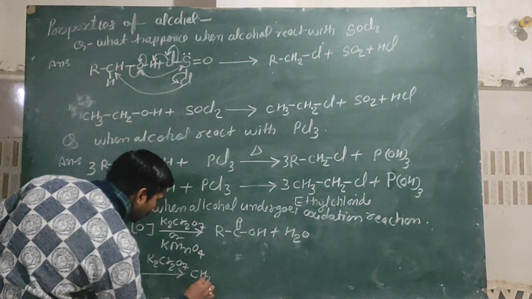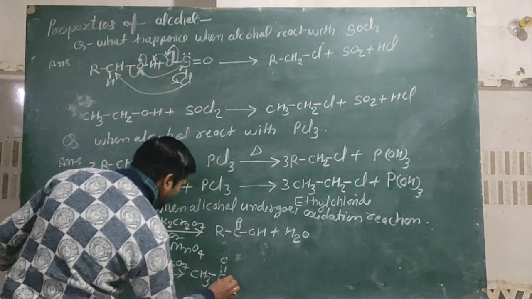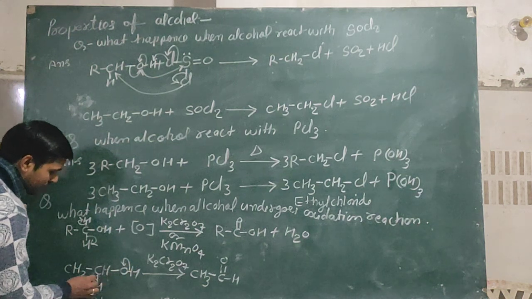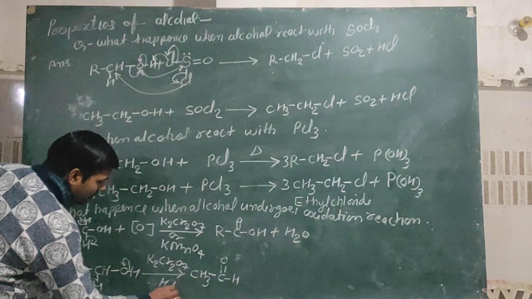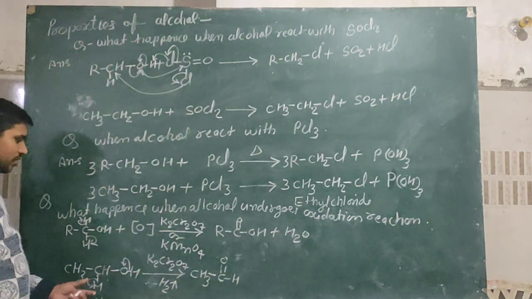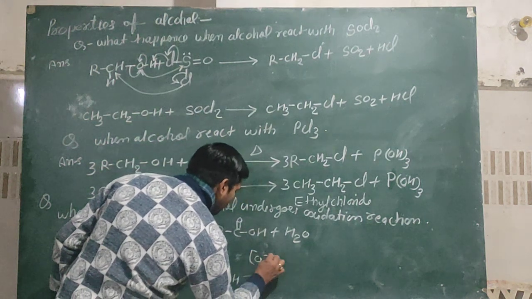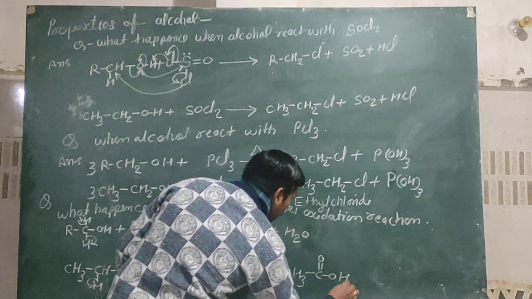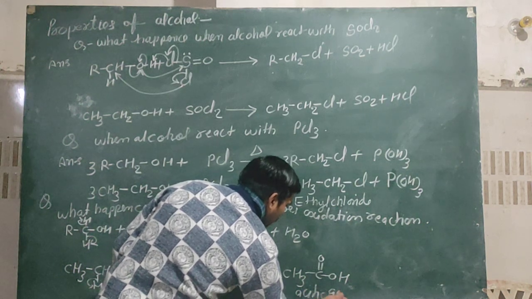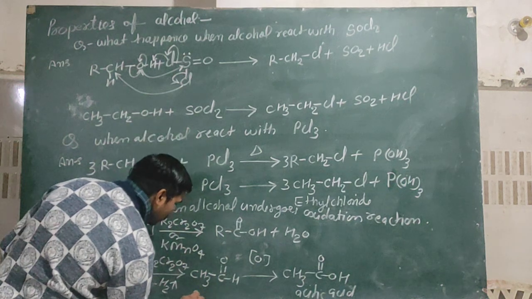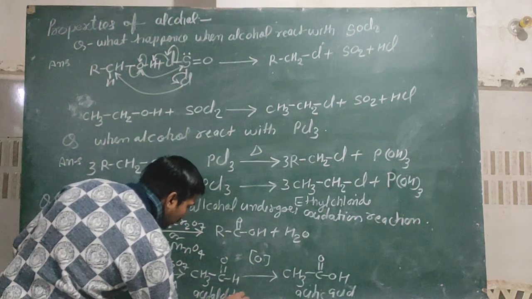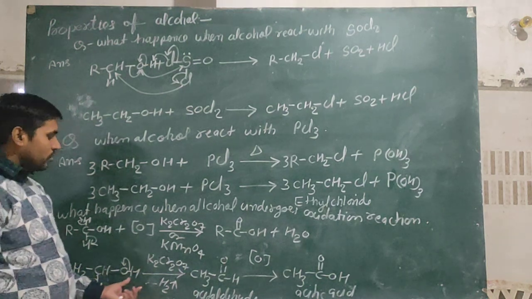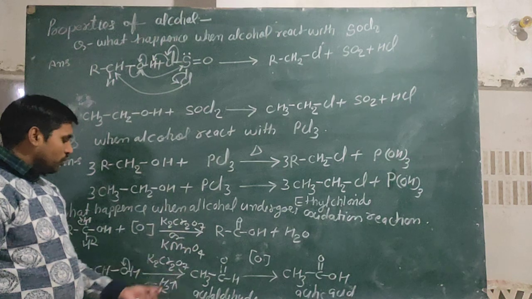Firstly it breaks into CH3, C double bond O and H, after removal of two hydrogen atoms from this side and this side, and when hydrogen comes out of the reaction in the form of gas, then further oxidation takes place and this aldehyde, acetaldehyde, changes into acetic acid, and it is acetaldehyde.